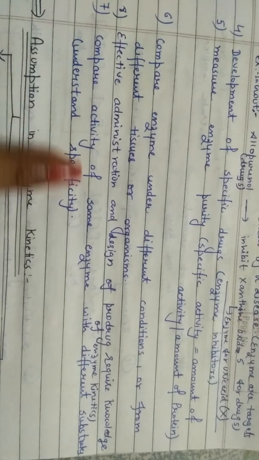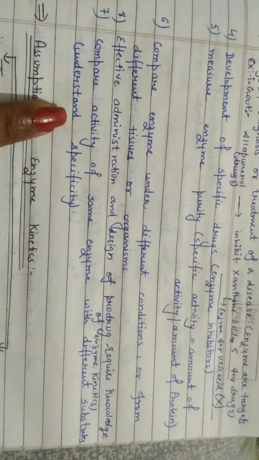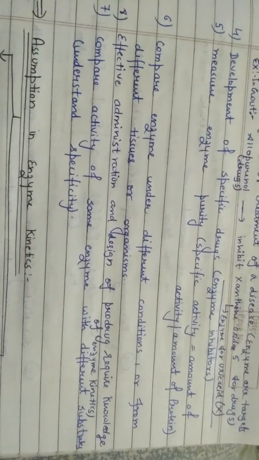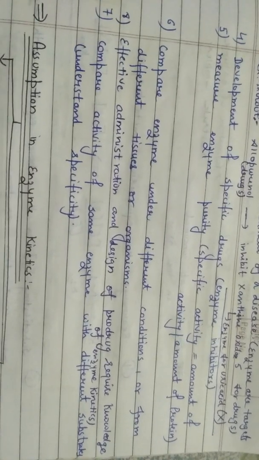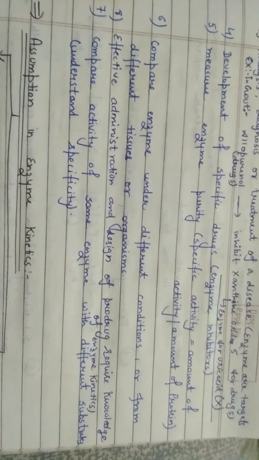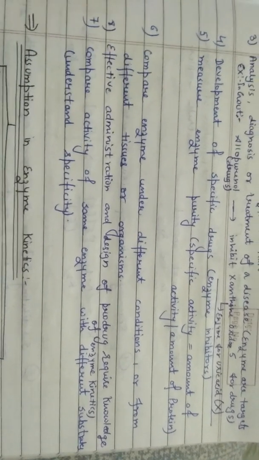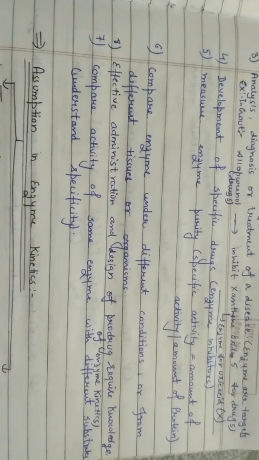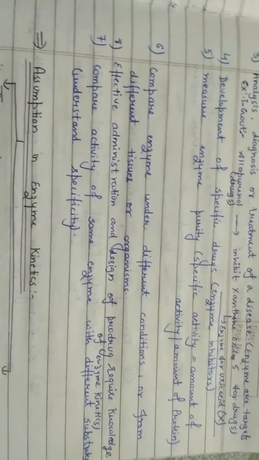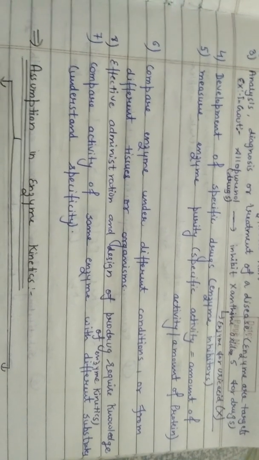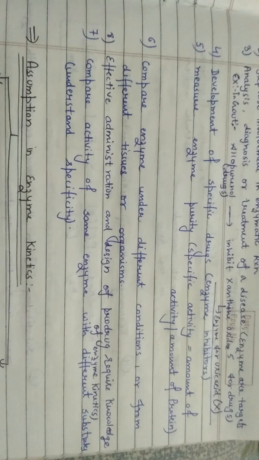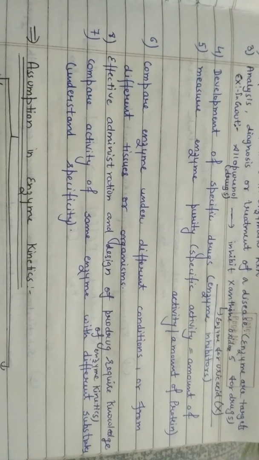We can also compare the activity of an enzyme with different substrates to understand specificity. By knowing the kinetics of an enzyme, we can understand the specificity of its activity, develop specific types of drugs, and it even helps in distinguishing and studying different types of inhibitors.